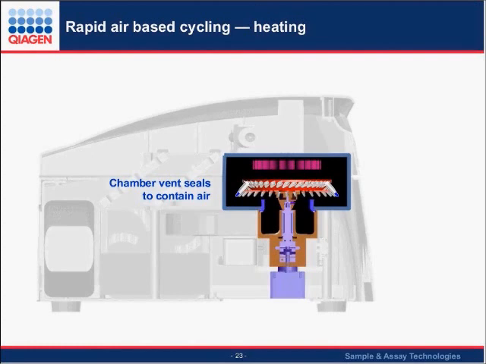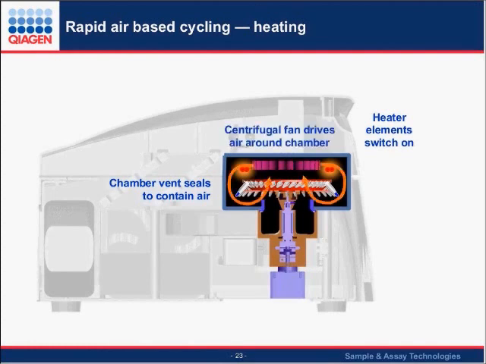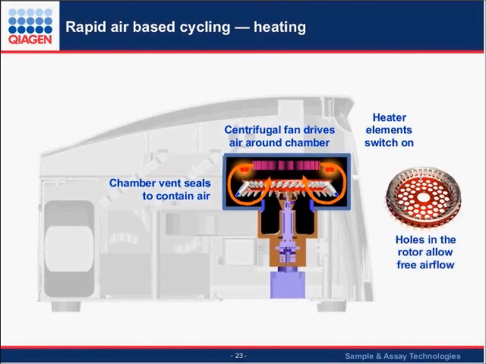So it works like this. There's a chamber vent that seals it to contain the air. You turn on the heater, and the centrifugal fan drives the air around the chamber. And because we have holes in the rotor disc, or the rotors themselves, it will allow the airflow to happen in the chamber. Here's a picture of a rotor with holes in it to allow free airflow.